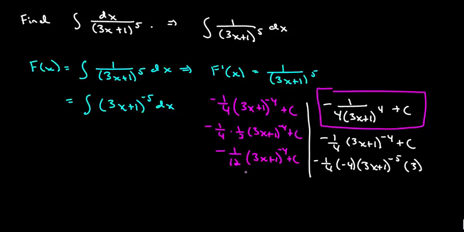Now let's take the derivative of this and see what happens. So let's call this guy large F. Okay, so now if we take the derivative of large F, we get -1/12 times -4. Bring this guy down. We're going to subtract 1 off the power.